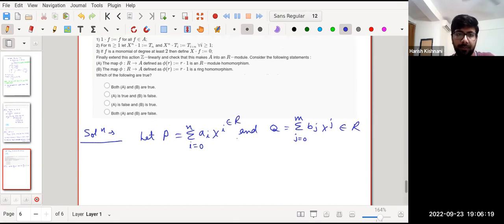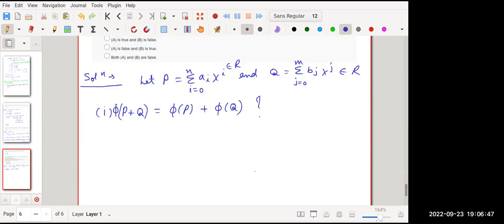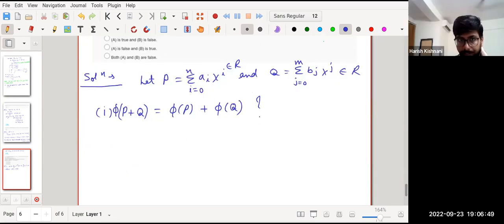So we need to check whether phi of p plus q is phi of p plus phi of q. That is the first condition for a module homomorphism, right? Is this true? Yes, sir. So what is phi of p plus q?